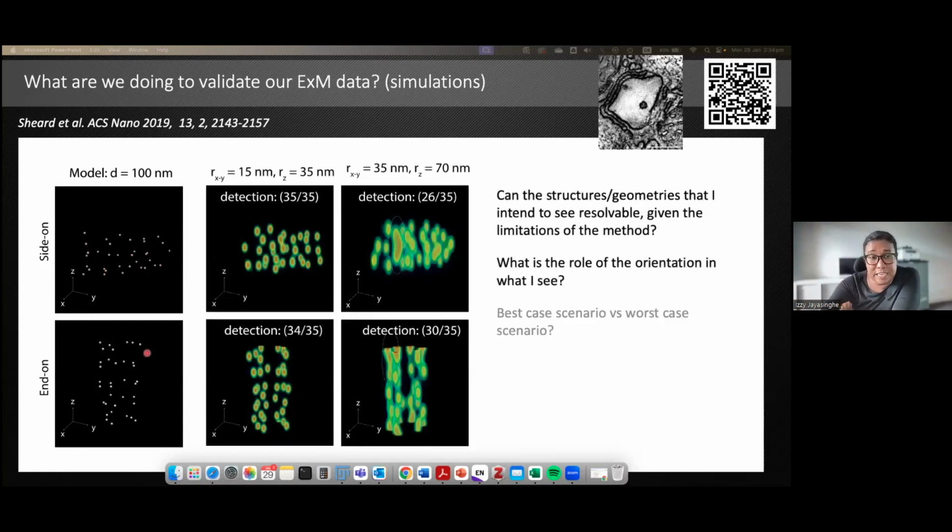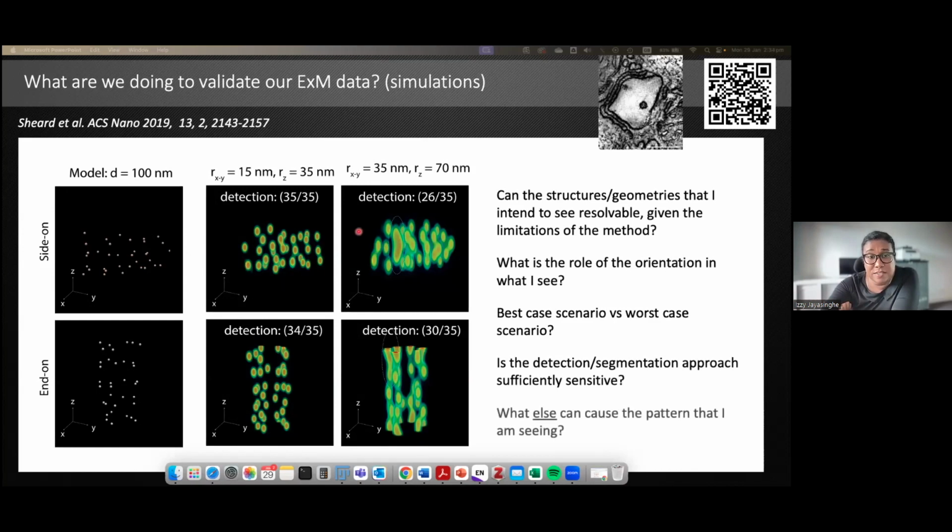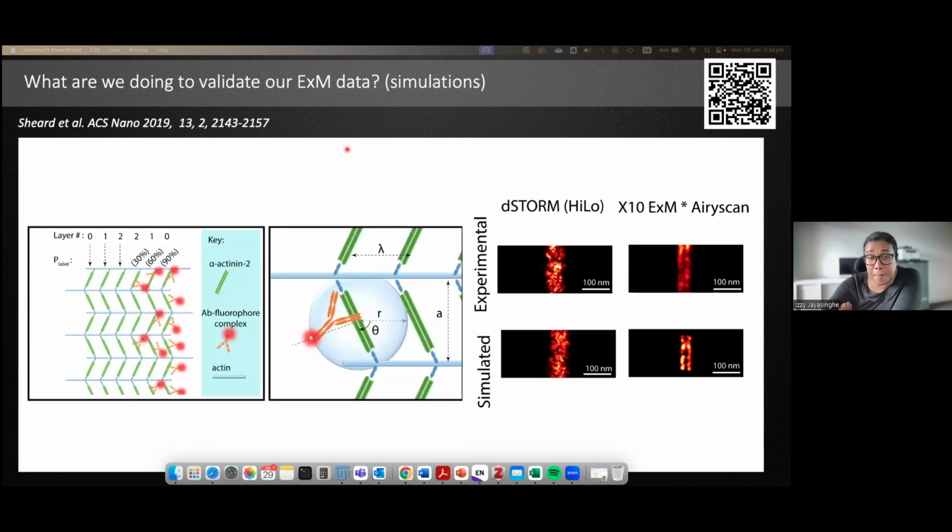You could simulate it and work out, in the best case and worst case scenario, the level of detail we can see to detect those individual puncta. These two columns refer to 10 times and 4 times expansion. It showed that 10 times expansion, unsurprisingly, is better, and that it was good enough for a given structure that we understand from EM that it was a useful technique.